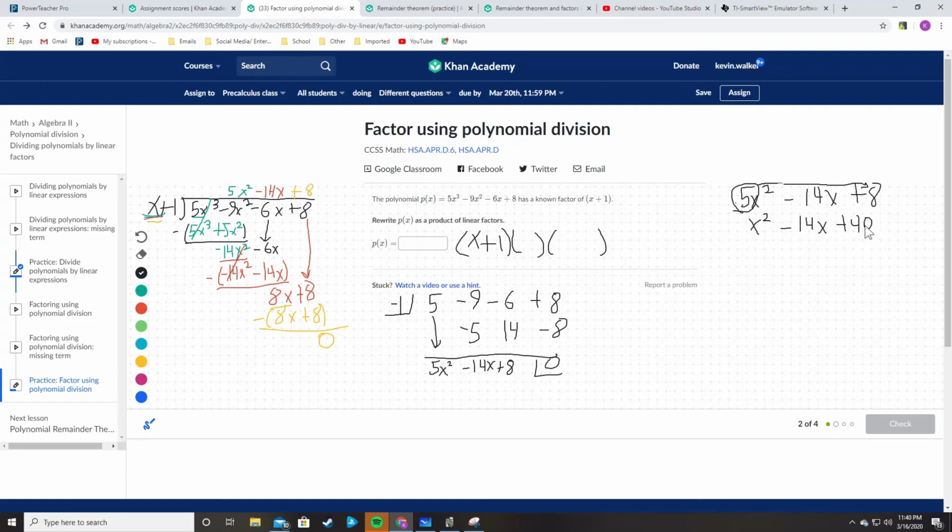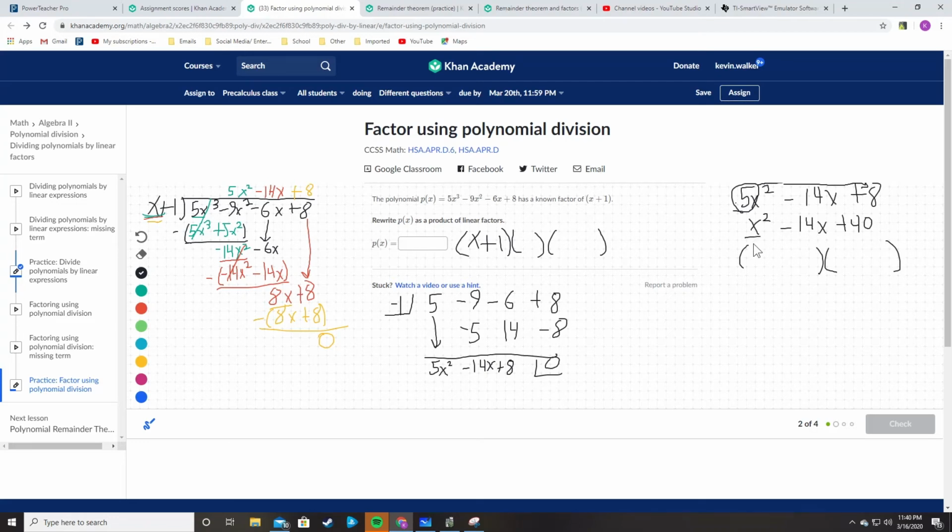The reason for this is it's going to make it a little easier for me to factor this out with an x squared in the front as opposed to a 5x squared. Now we're going to have to deal with this 5 when we get to these two factors here, but it'll be a little easier if you've practiced this before.